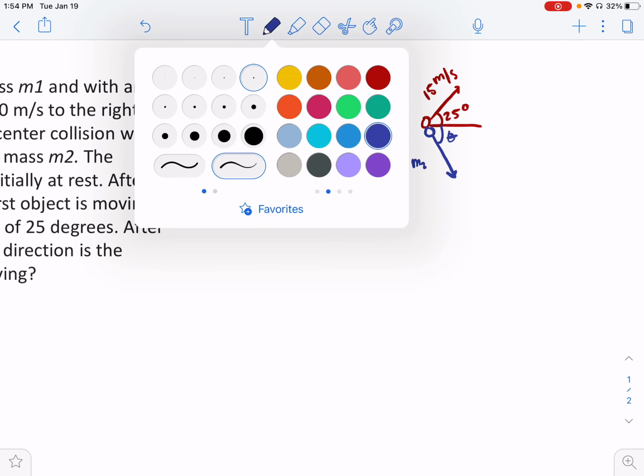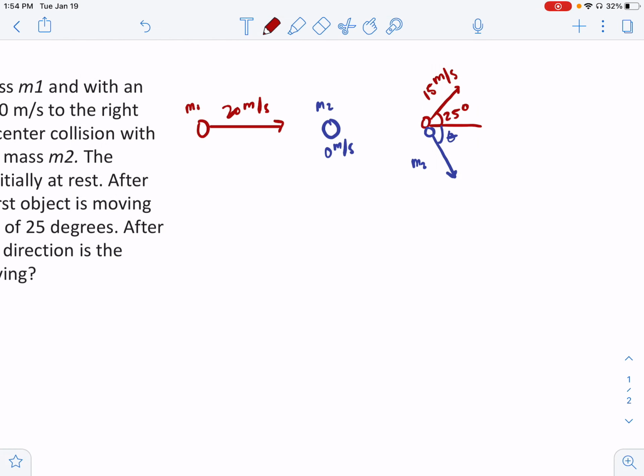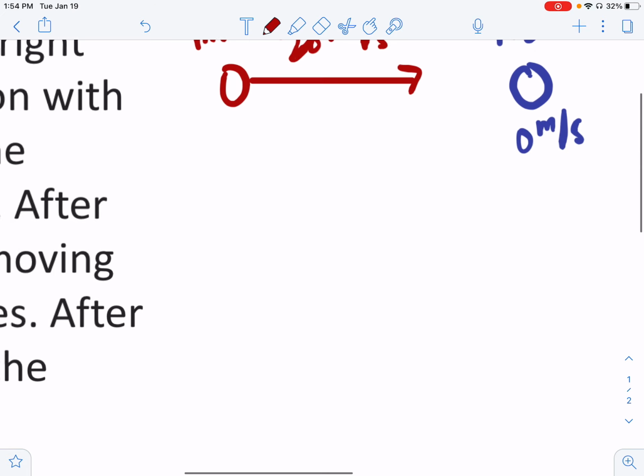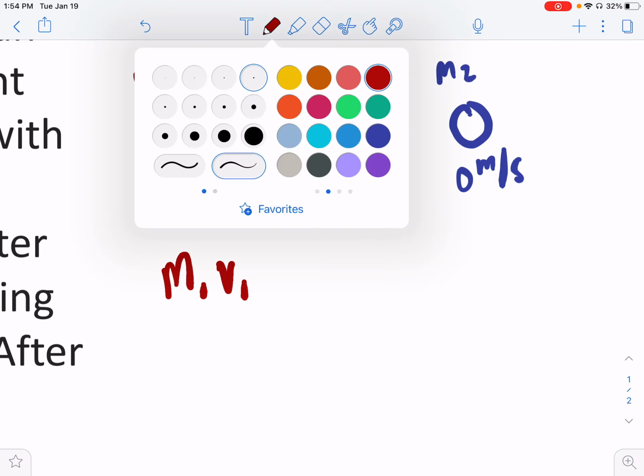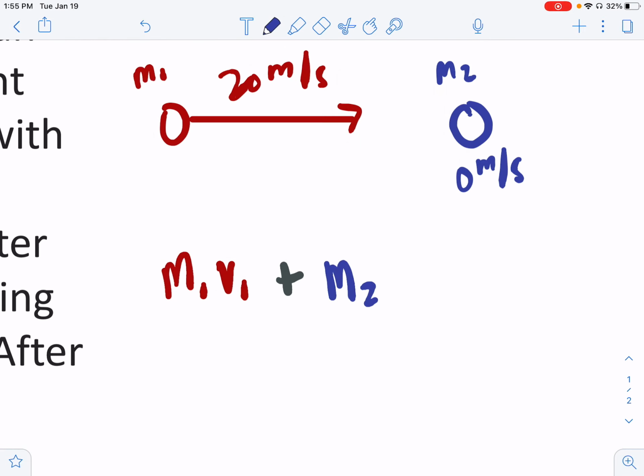Because momentum is a vector, and we have multiple directions here, we're going to need to set up a conservation of momentum for both the x component and the y component. We can start with the x component because that's the original direction that we're in. So m1 v1 plus m2 v1, and we can call those the initial for both of these.